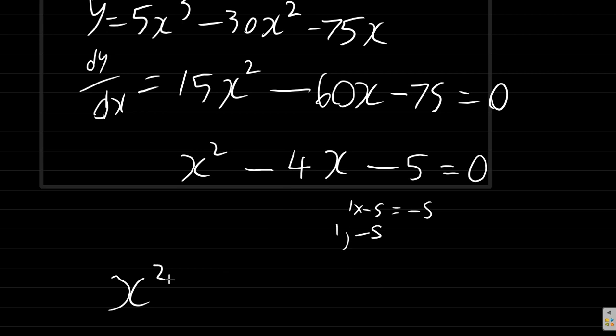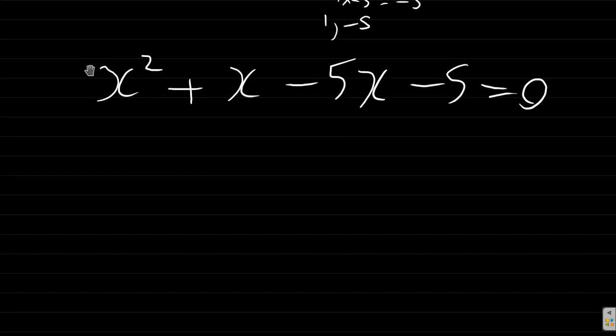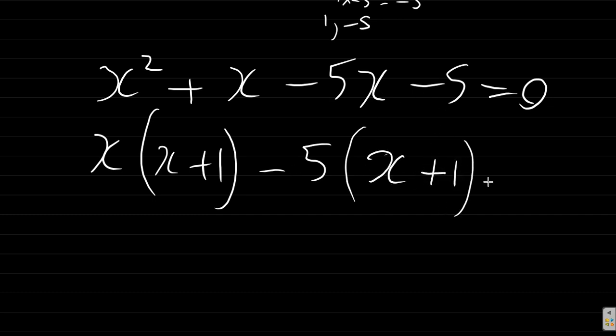So you have x squared plus 1x minus 5x minus 5 equals 0. Now you have x outside the bracket, x plus 1, minus, factorize this, 5 outside the bracket: negative 5 into x gives negative 5x, negative 5 into negative... so plus 1.